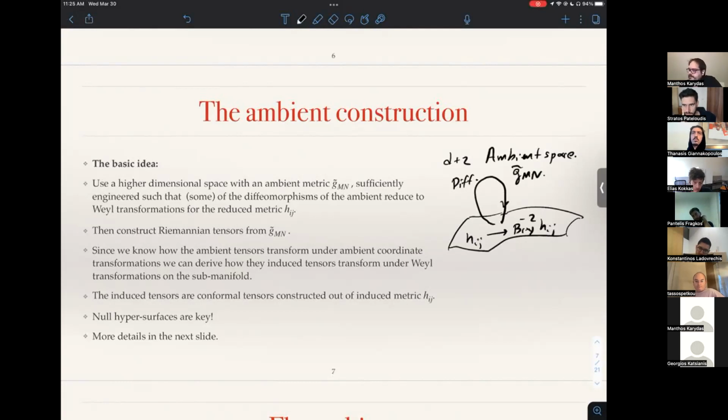If we manage to find that, then we can construct Riemann tensors in the ambient space, G tilde. Since we know how they transform under coordinate transformations, we can induce some tensor in the submanifold h, and we'll know how it transforms under the Weyl transformation, which is what we're looking for. The induced tensor will turn out to be conformal tensors constructed out of the induced metric.